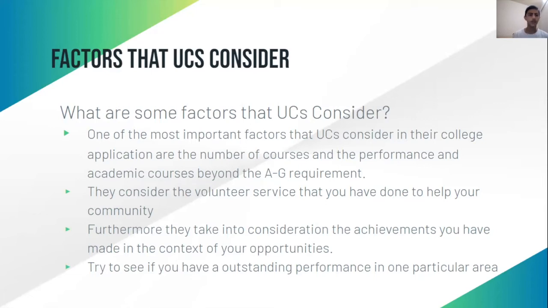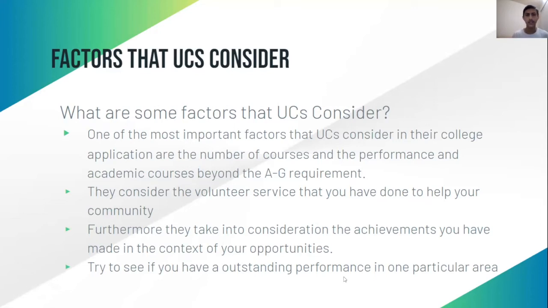Moving forward, factors UCs consider. Some of the most important factors are: did you complete the A through G requirement that Aryan showed, and if you did, did you go above and beyond it? Second, what volunteer service have you done to help your community?